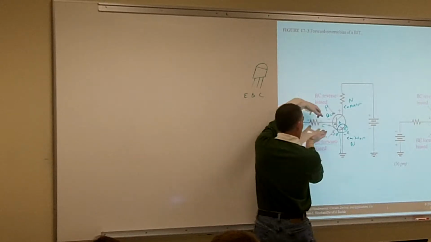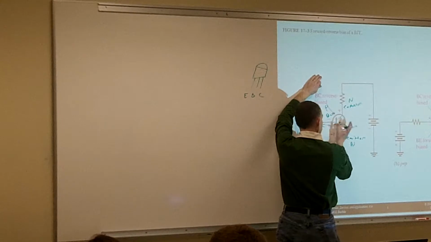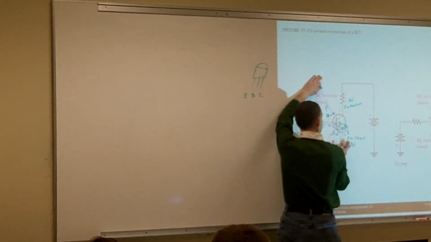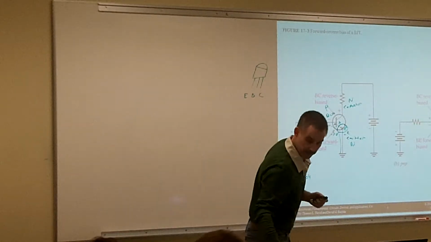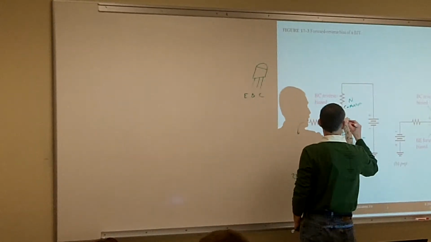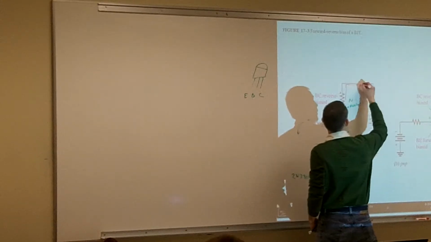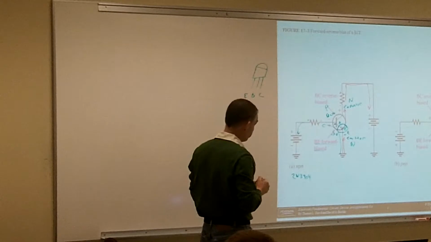We want a very small amount of base current. We're going to turn on that transistor, and once we start forward biasing it, we get a large amount of current going from our emitter to the collector.